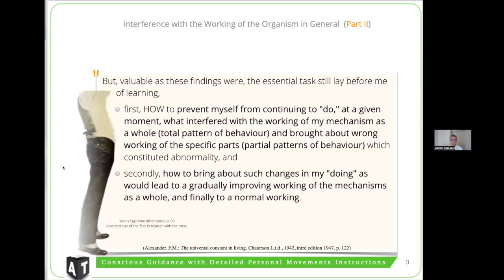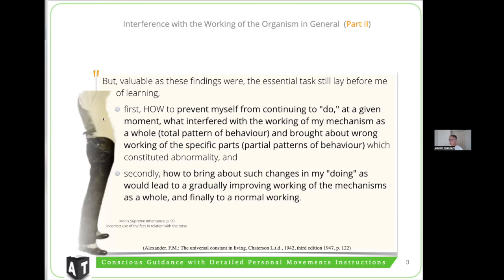What you can choose to do with the combined activity of the parts, which will affect the relativity between the positions of the parts. When you're looking at the picture, you're looking at a posture. So we see the positions of the different parts. We see the position of the feet. We see the position of the pelvis.